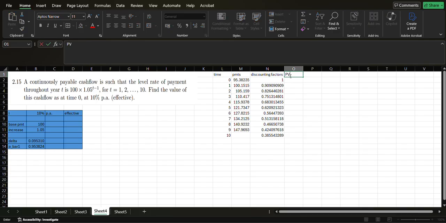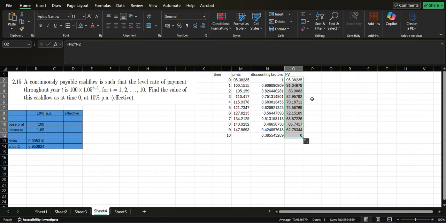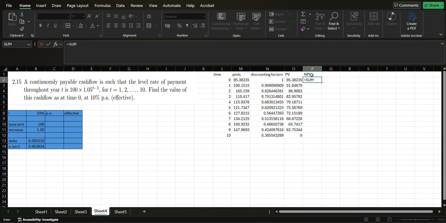And then we get our present values for each payment. And again, you can use sumproduct here. I'm going the slow route because I'm interested in seeing the cash flows and how they change over time. And then you get the net present value, which is the sum of all of these.